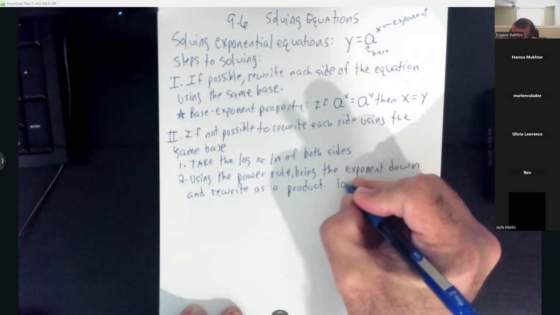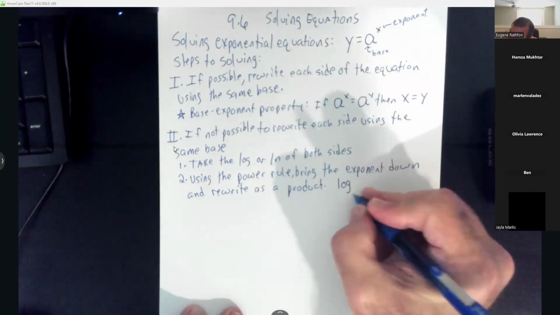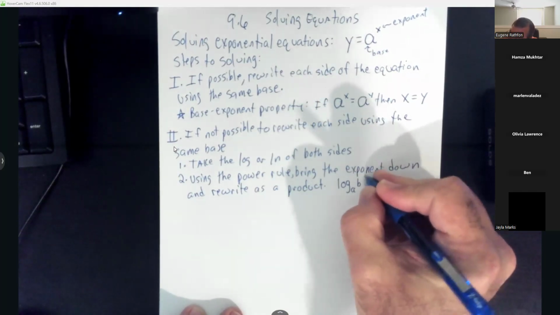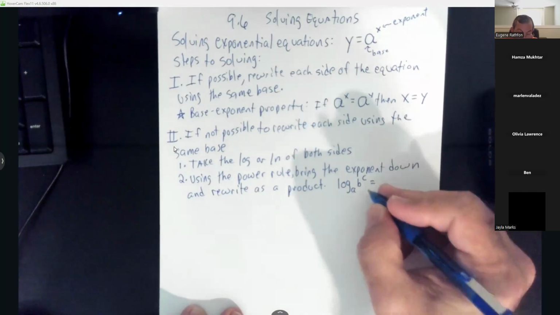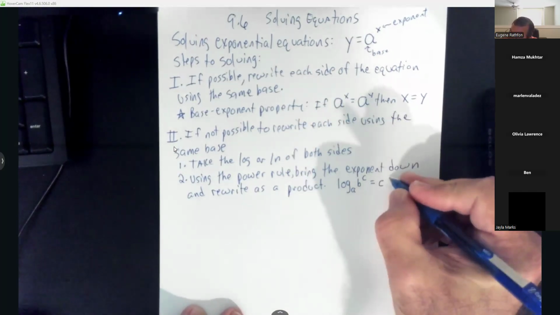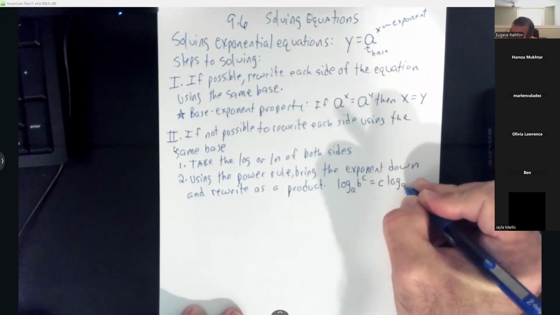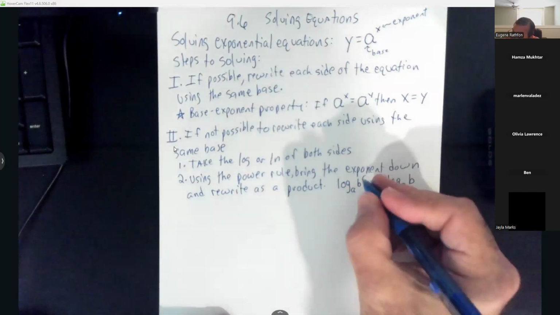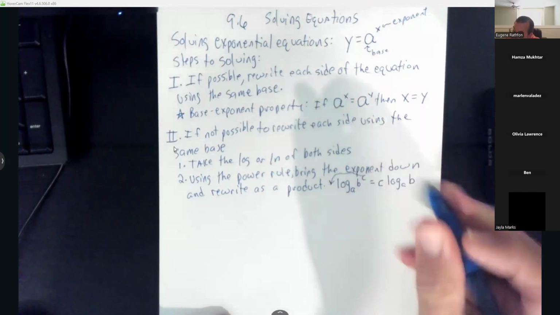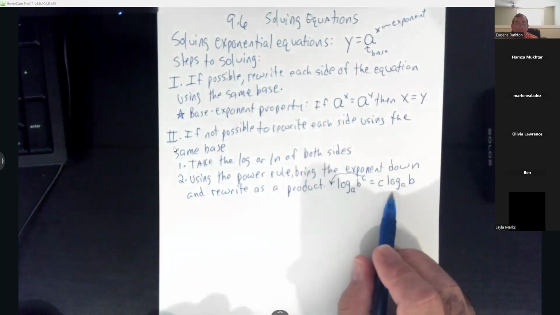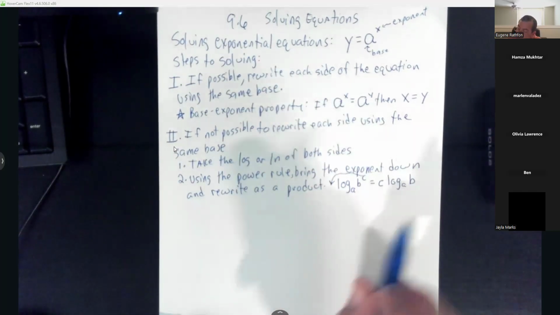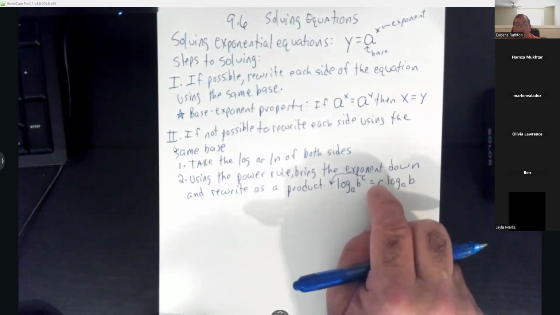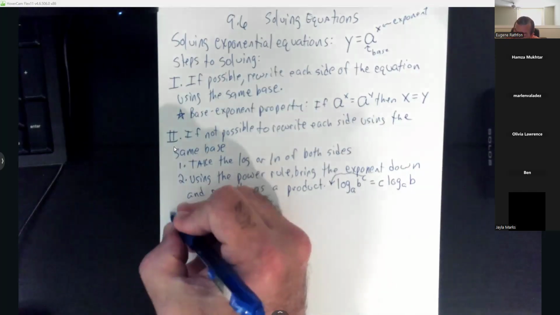That's using this property we did: log A of B to the C equals C times log A of B. So that's my power rule. Remember, all we did was drop that exponent out front and rewrote it as a product. But doing that brings the exponent down like I need it.